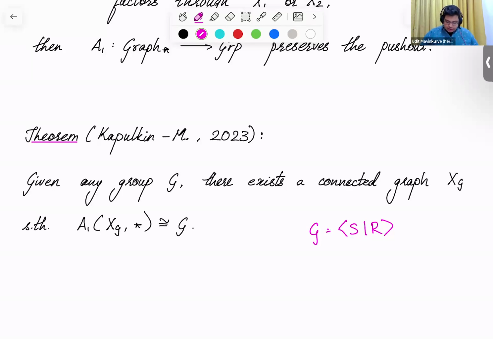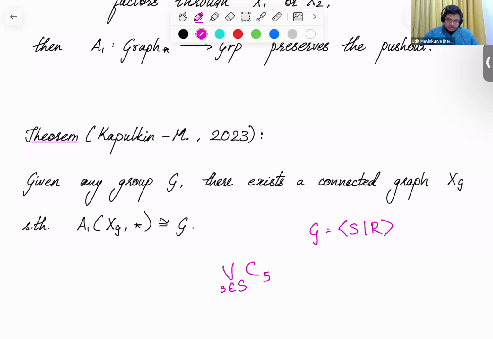And what you do is, well, we know that C5s have fundamental group Z. And then you can take a bouquet of C5s, one for each generator. And that would have the fundamental group be the free group with as many generators as you want in S.